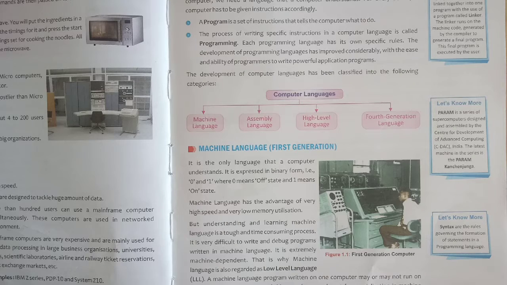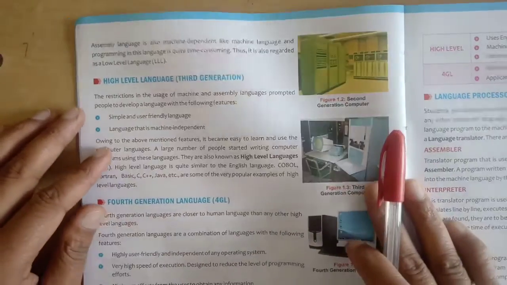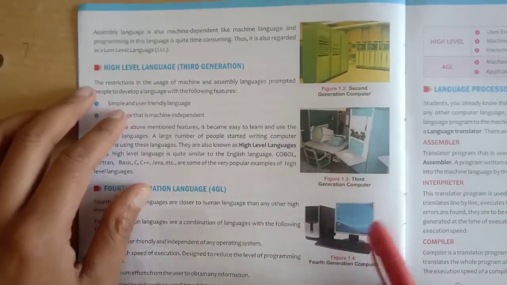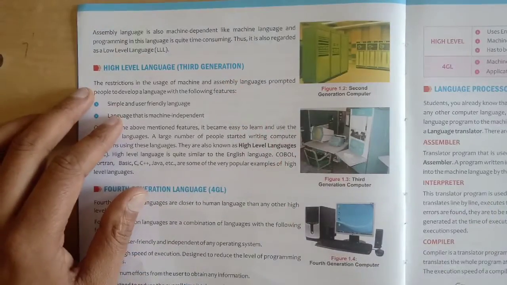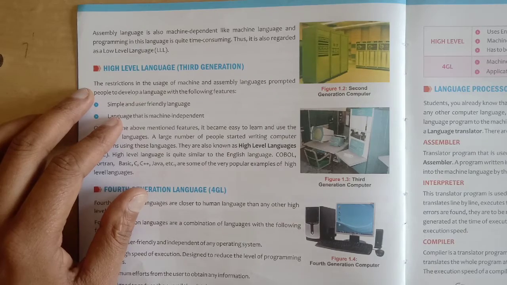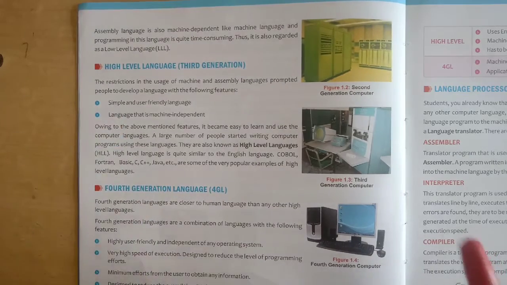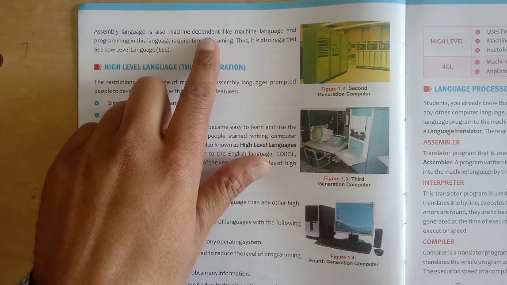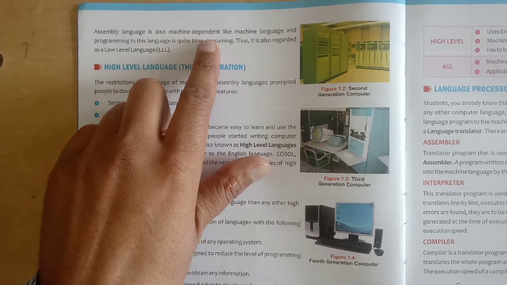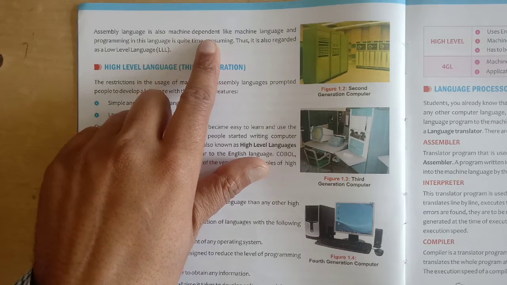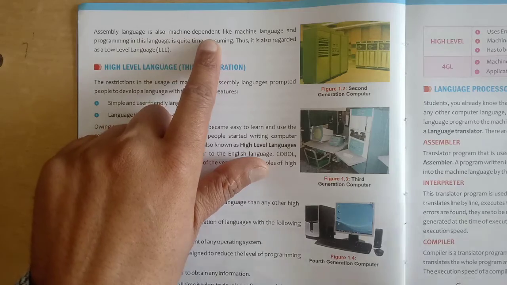Assembly language uses symbolic code. You see, assembly language is called machine dependent. Your previous language, the first language, was also machine dependent. Machine dependent means it needs one particular specific computer.